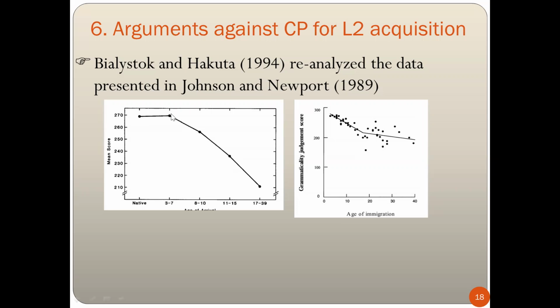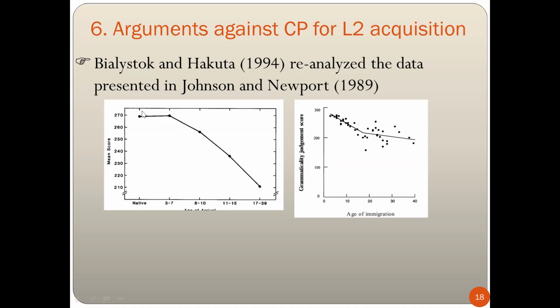And when they analyzed the results statistically, they found this picture. So you can see between the ages of 3 and 7, it stays level. In other words, they all achieve very highly, native competence.